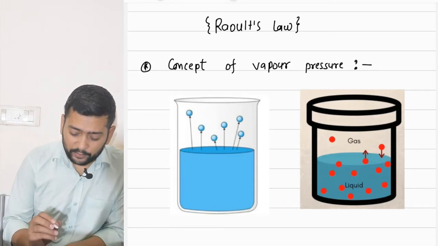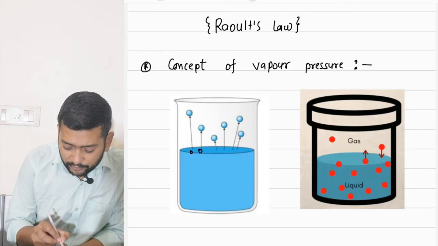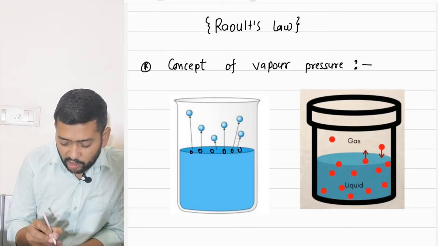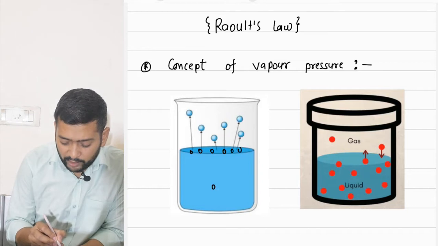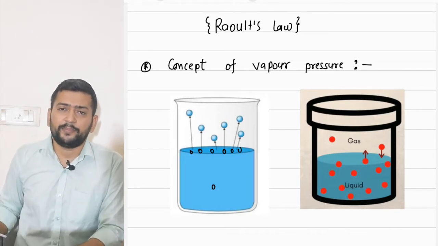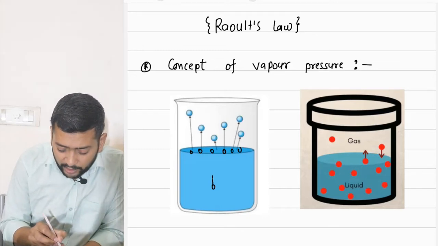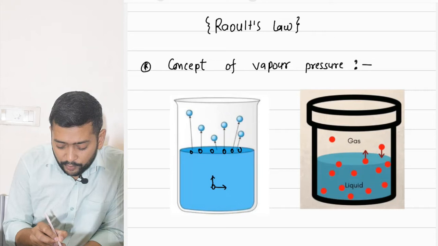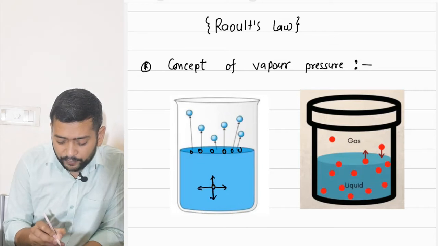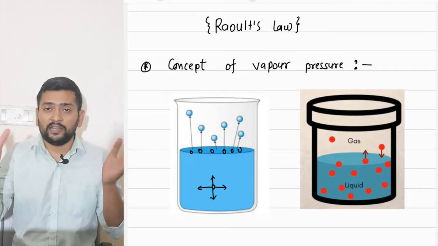Now what is happening over here? The molecules which are present at the surface are called surface molecules, and the molecules which are present at the center, or downwards at the bottom, are called bulk molecules. Bulk molecules experience force of attraction in all directions.